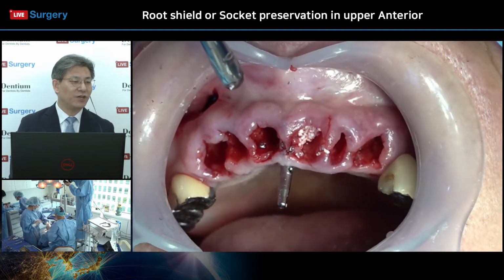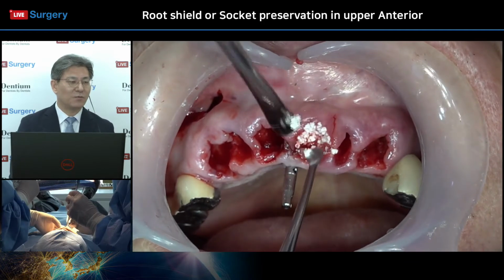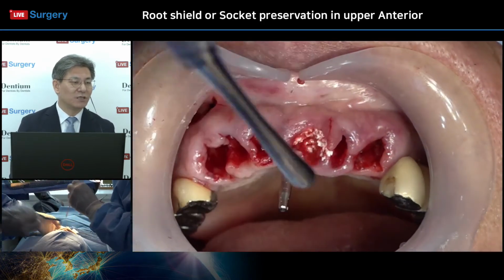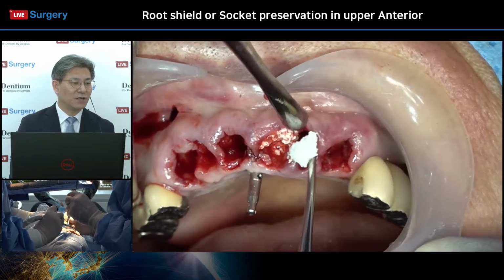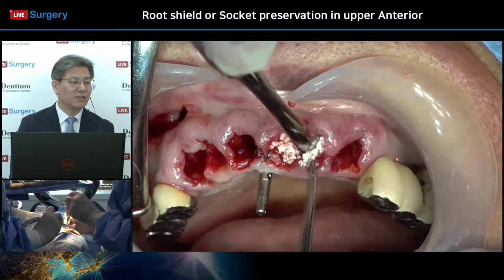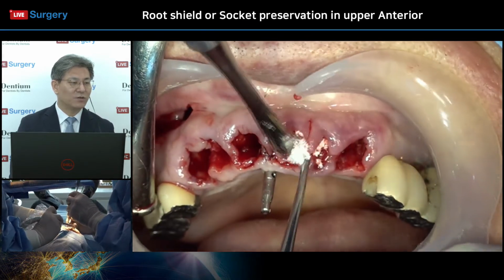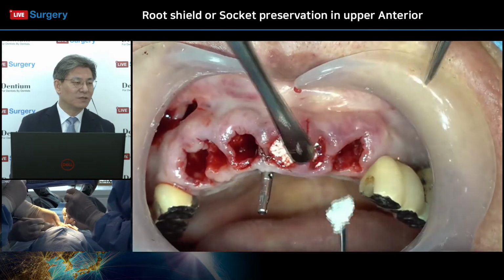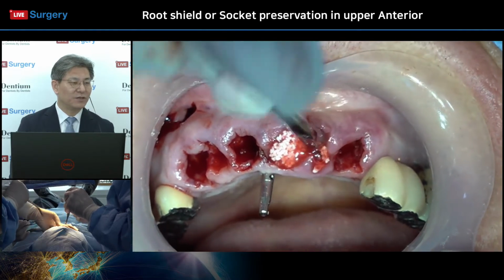Yeah, Osteon graft material. This one is an alloplastic, synthetic bone graft material. It has slow resorption potential, so it is very easy to keep the volume, especially in this kind of socket area.